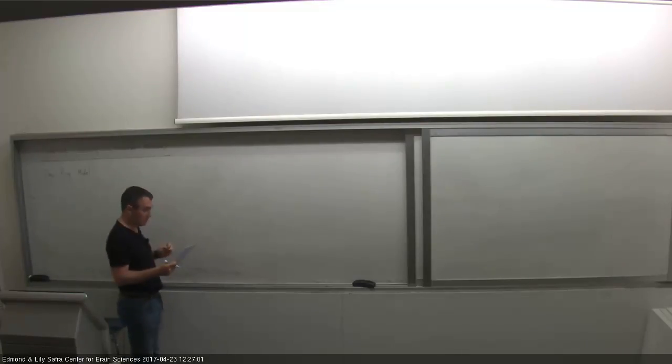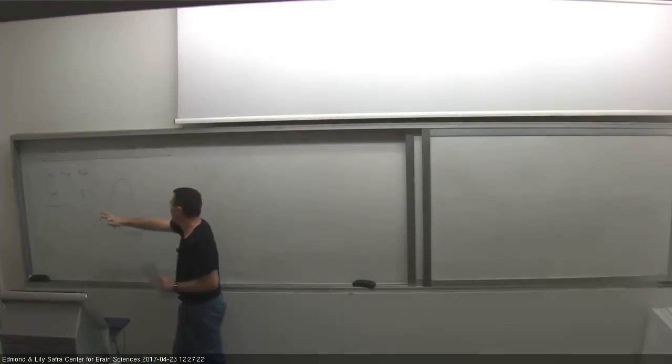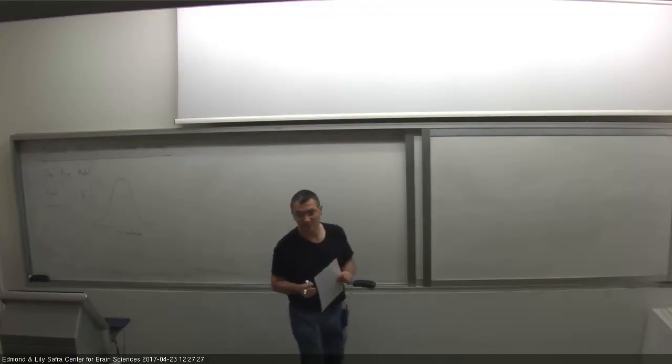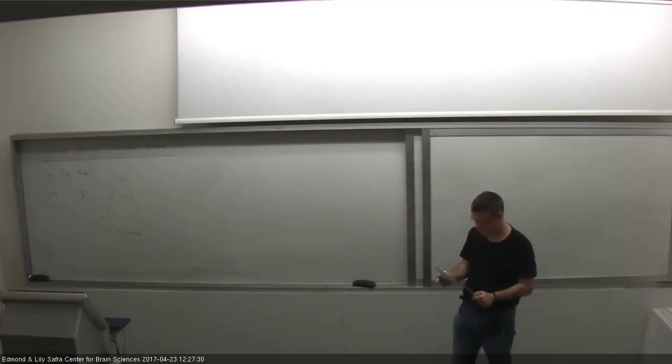We will think about something like orientation or direction, but the idea is probably more general. The goal is to explain why the firing rate of neurons as a function of something like orientation looks like this.